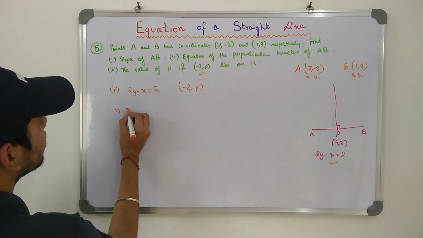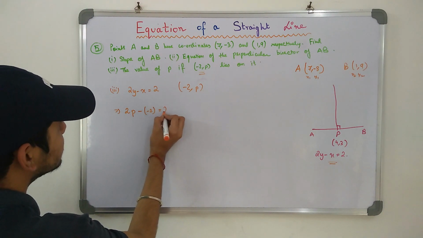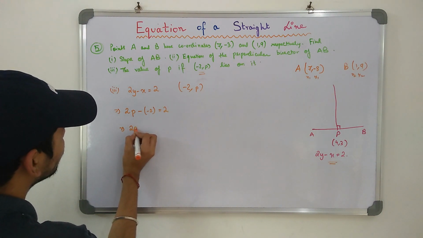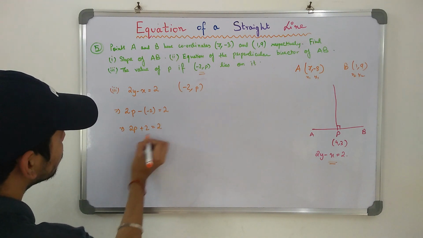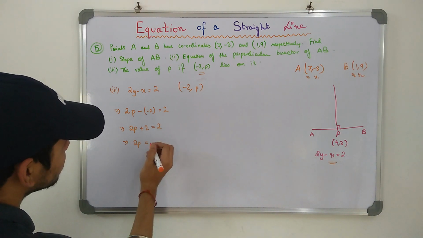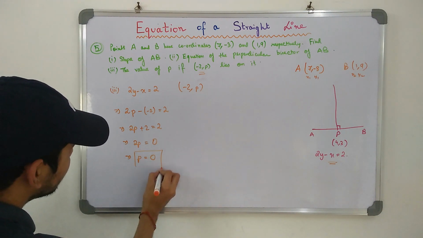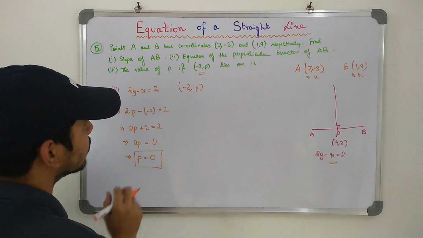We get 2 into p minus of minus 2 is equal to 2. Therefore 2p plus 2 is equal to 2. Therefore 2p is equal to, this will go over there, 2 minus 2, that's 0. Therefore p is equal to 0. So we get the value of p is equal to 0.